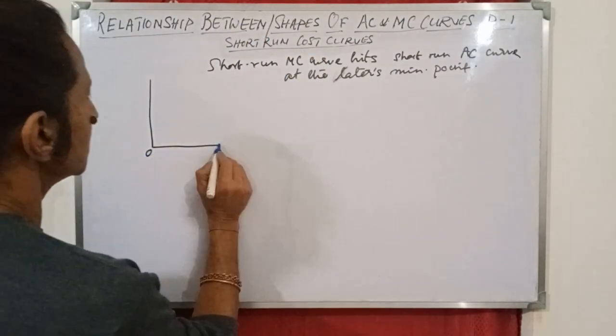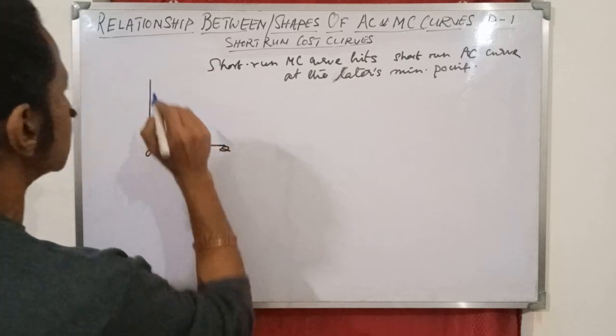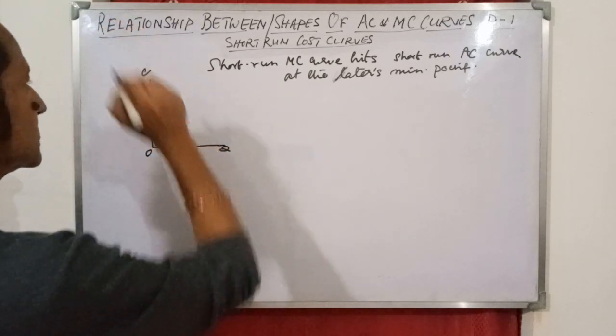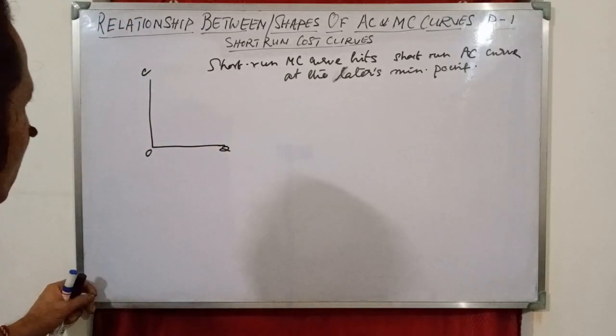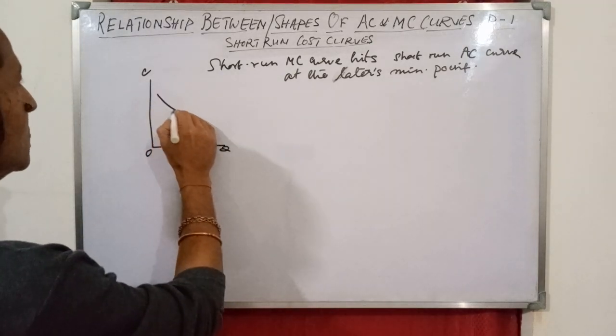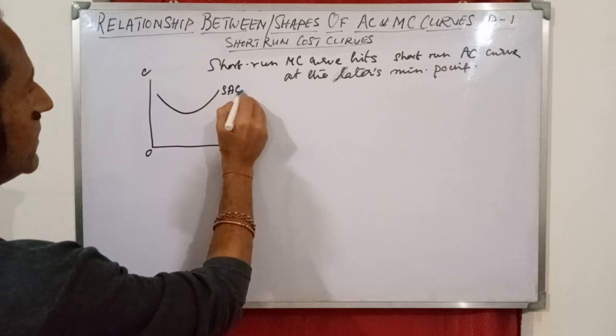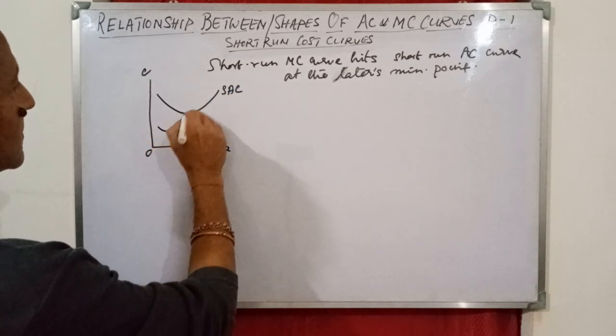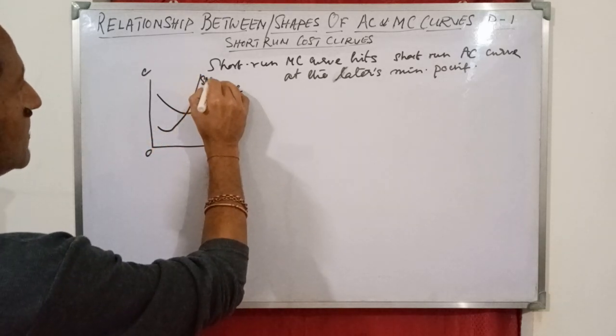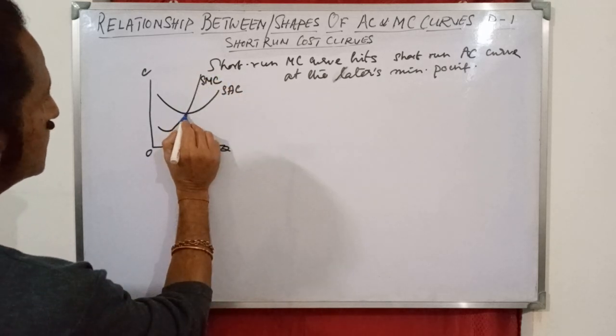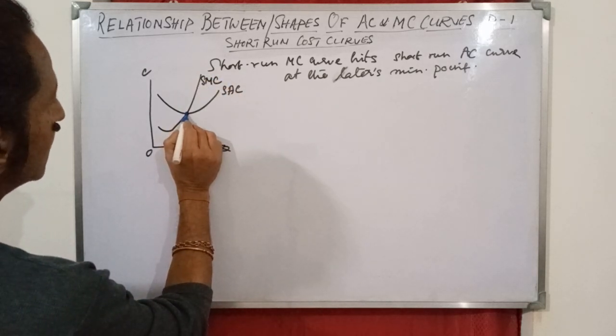So we measure quantity on the x-axis and cost along the y-axis. So we get the short run average cost curve like this, and this is the short run marginal cost curve. This is the minimum point of the short run average cost curve.